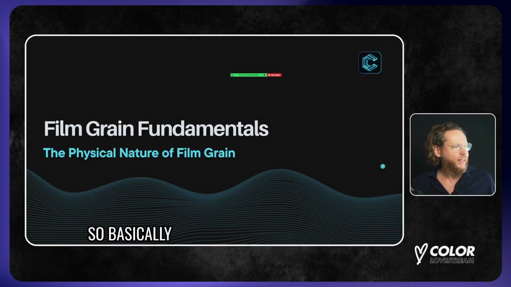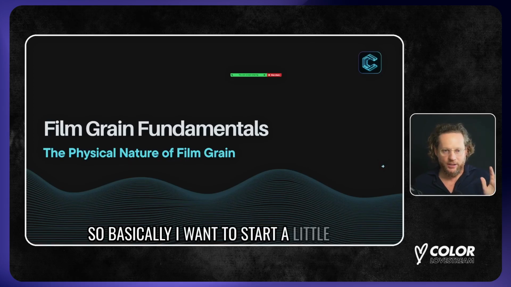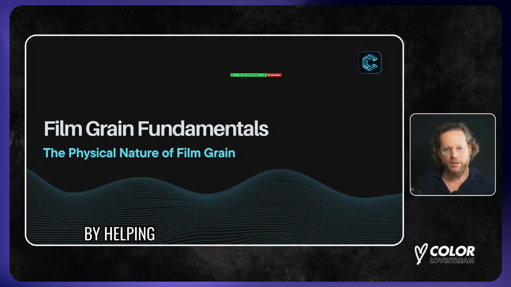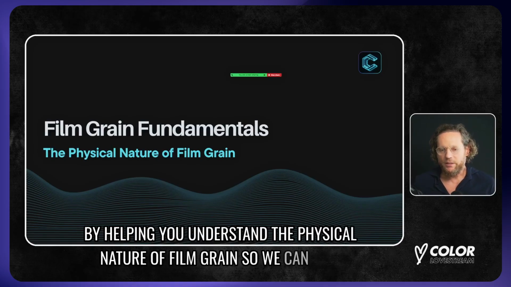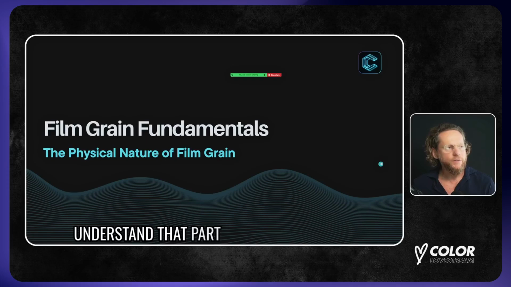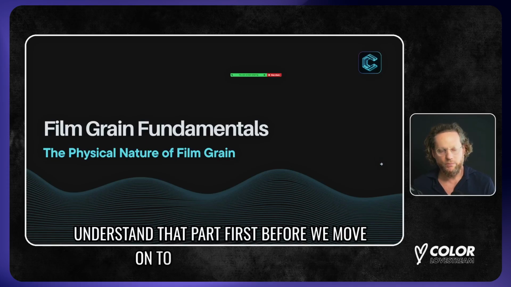So basically, I want to start by helping you understand the physical nature of film grains, so we can understand that part first before we move on to the emulation part.